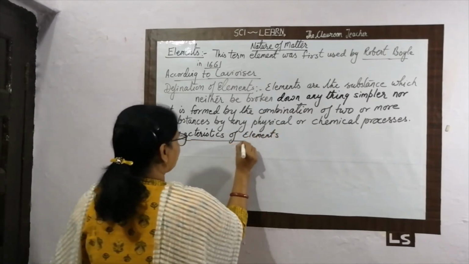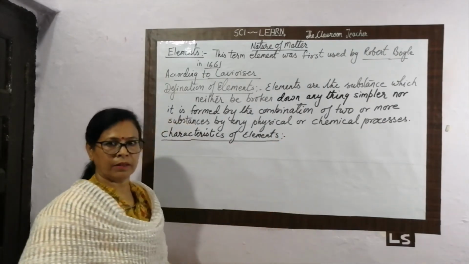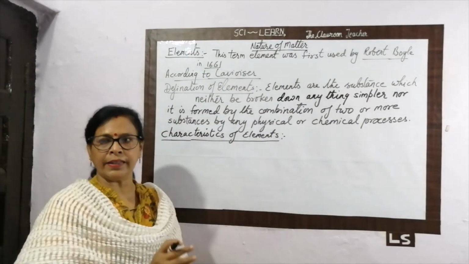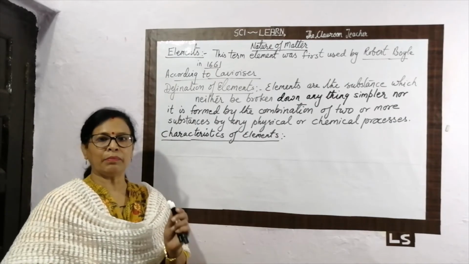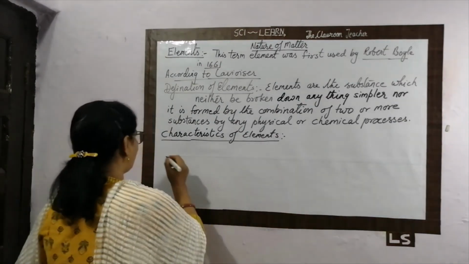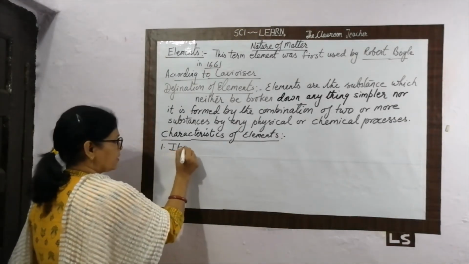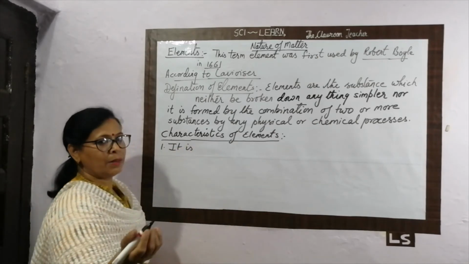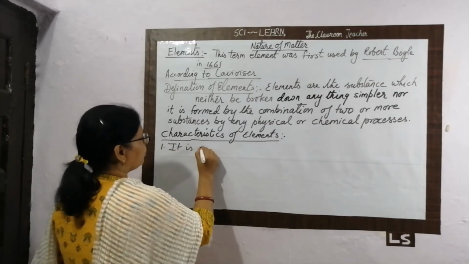Now what is element? Element is the simplest thing. It cannot be simplified into anything simpler. It means it is made up of only one kind of atom. It is a pure substance.